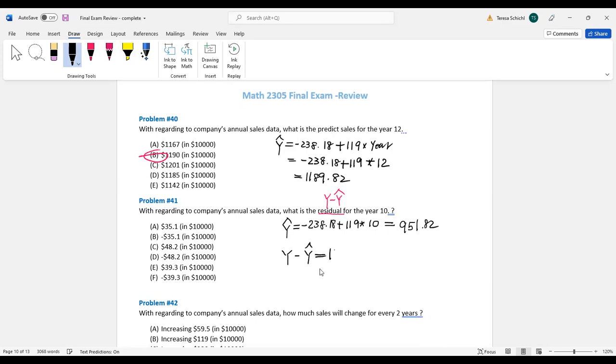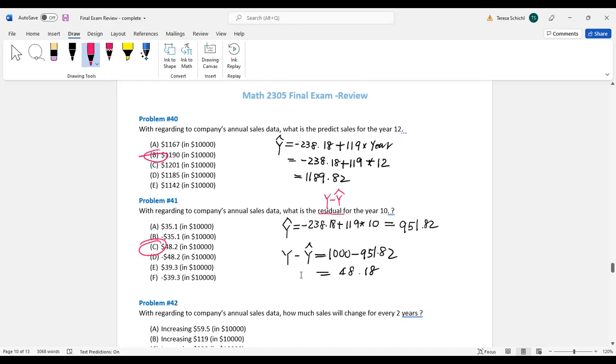So year 10 is 1000 minus 951.82. So what will this give you? So this will give you 48.18. So which one is the closest one? See here, 48.18. So this would be the 48.2.